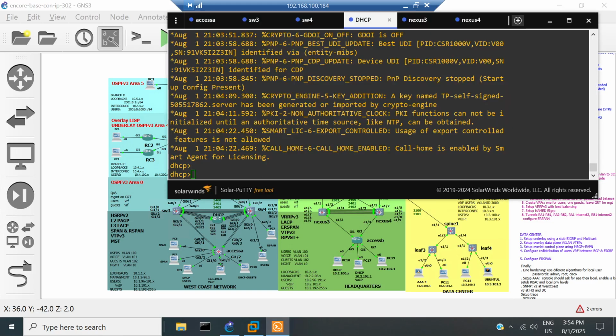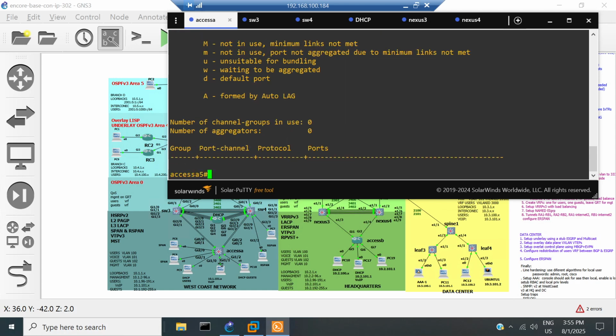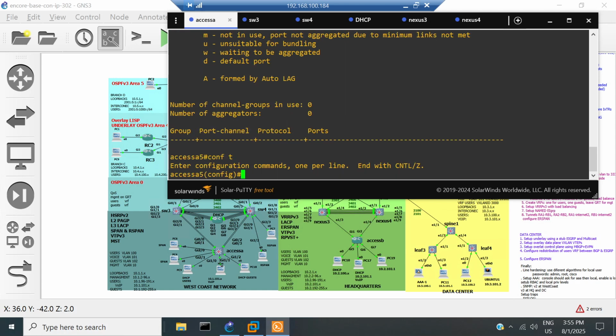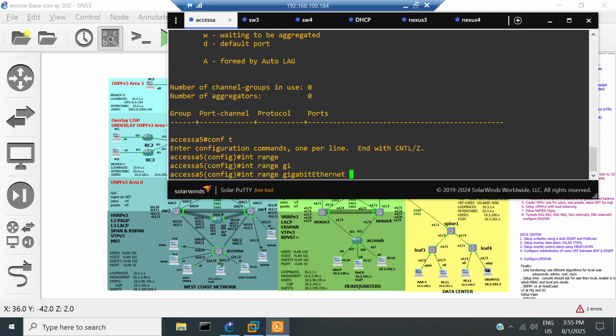So let's do that. Let's go to access A and create the EtherChannel. If I issue show EtherChannel summary, I don't have anything. So let's go to interface range, gigabit. In this case, given I am creating a layer 2 EtherChannel, I am going to create the channel group first and let the operating system create the port channel.